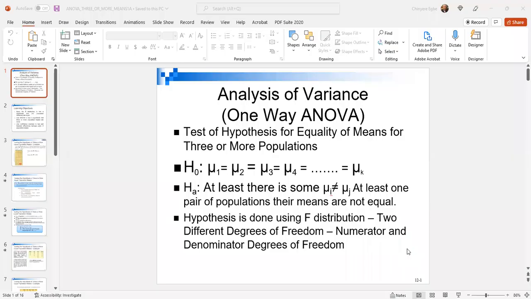Are you seeing a new screen? It's the PowerPoint again. Yeah, but are you seeing something different?